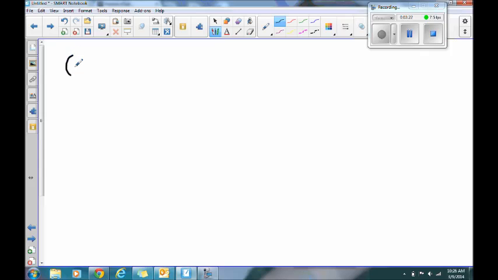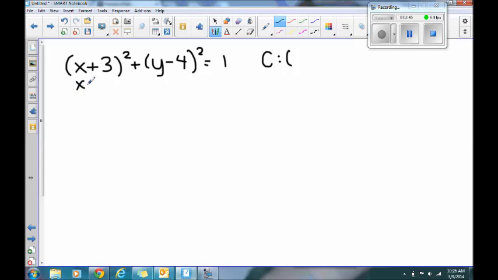So if we have the equation (x plus 3) squared plus (y minus 4) squared equals 1, then the center of that circle, if this is x minus h, that means we can really think of this as being x minus negative 3.